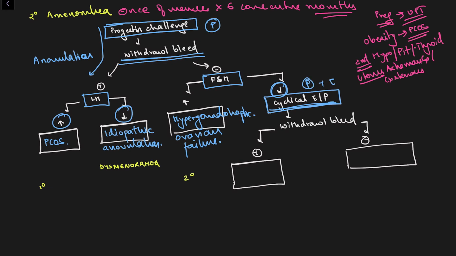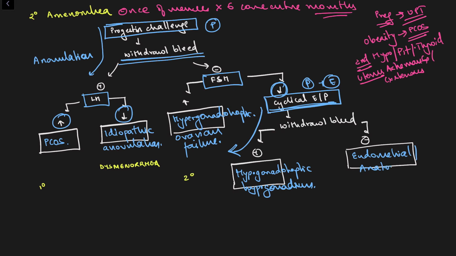Again we look for withdrawal bleed. Now if she has withdrawal bleed, this means that she has hypogonadotropic hypogonadism. And if withdrawal bleed is absent, then it means that there is some endometrial or some anatomical problem like Asherman syndrome.